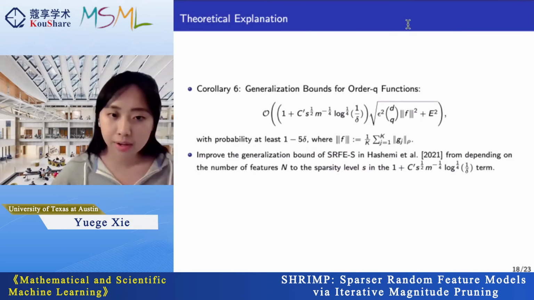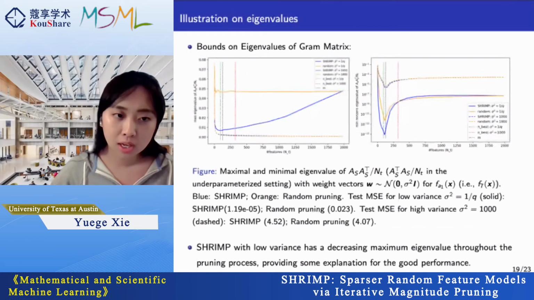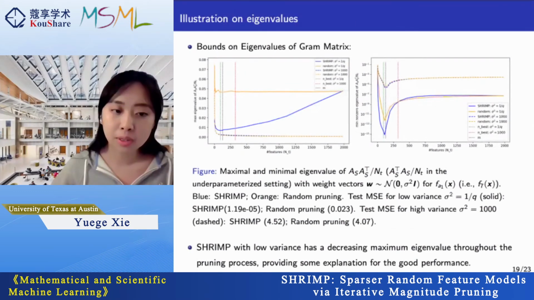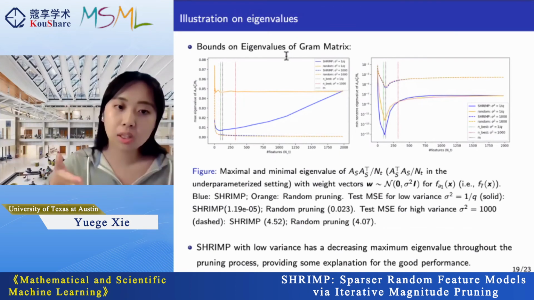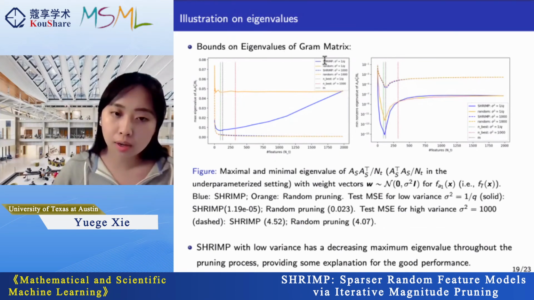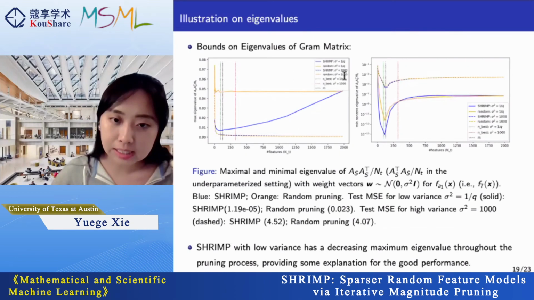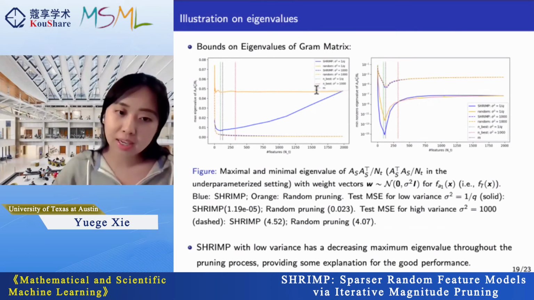And as I mentioned, we have the theoretical bound depending on the eigenvalues. So we also plot the empirical eigenvalues of the Gram matrix and try to understand the benefits of SHRIMP. Here we can see the yellow line is for the random pruning, and the blue line is for SHRIMP.